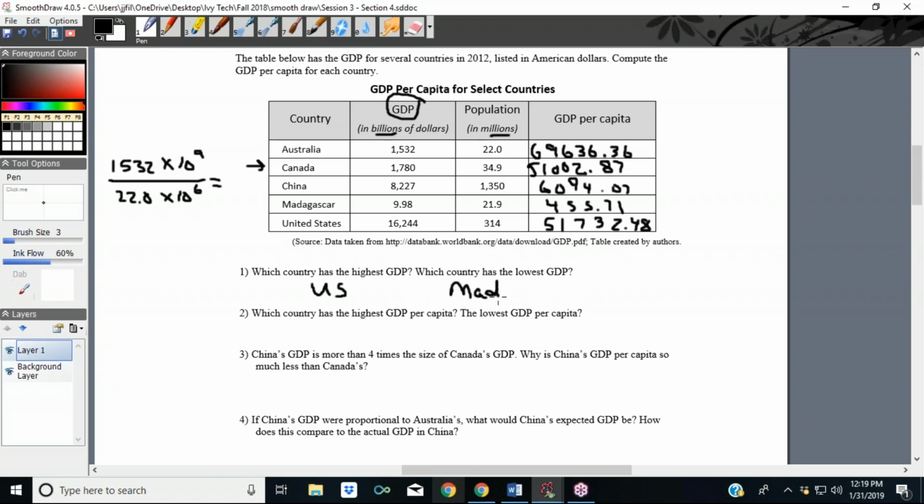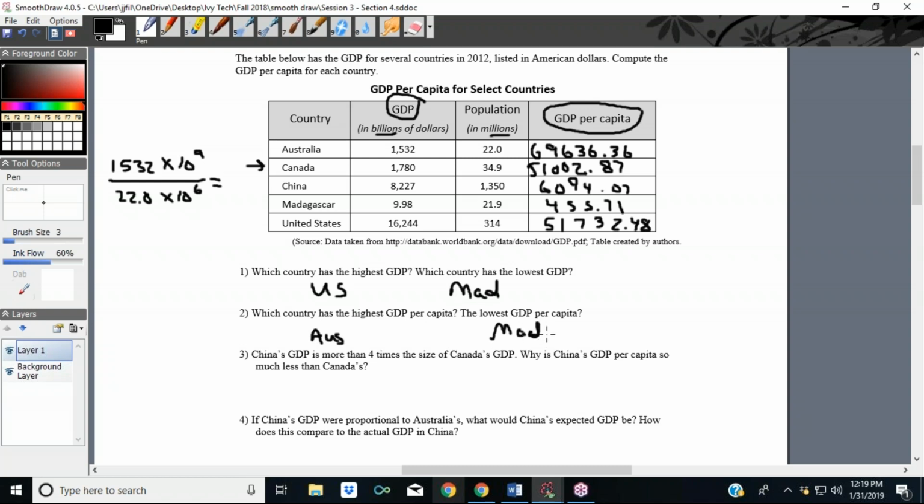But that is Madagascar. Which country has the highest GDP per capita? Now that's over here, and it looks like Australia. And then the lowest GDP per capita, that's Madagascar also.